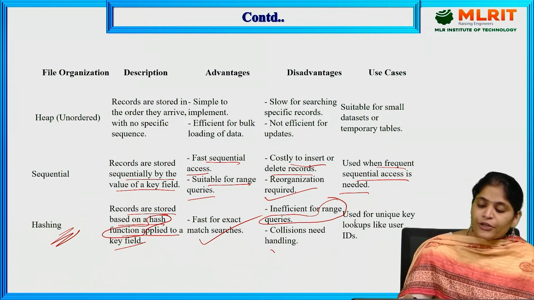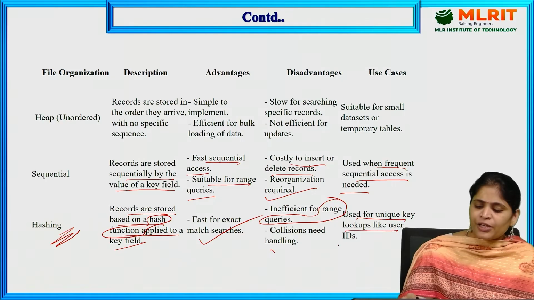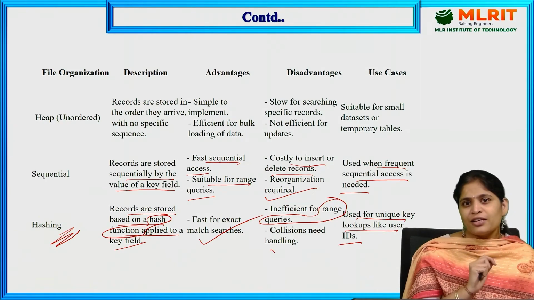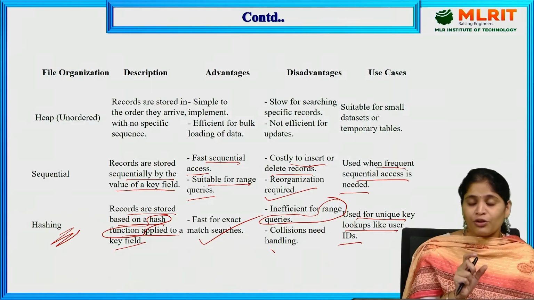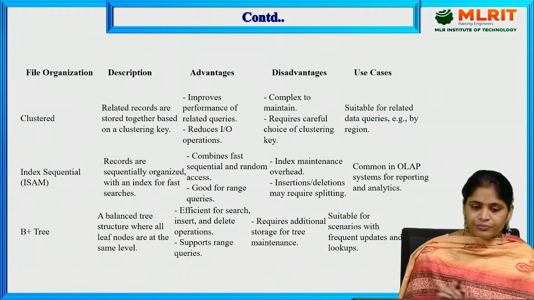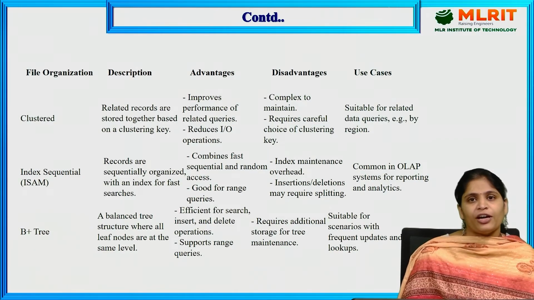Use it for unique key lookups like user IDs. If I want to search for a particular ID, I can go there and search. But for range queries, it is not that useful. This is hashing.